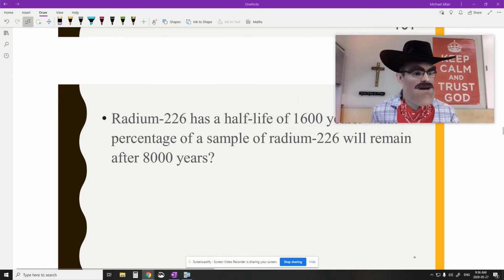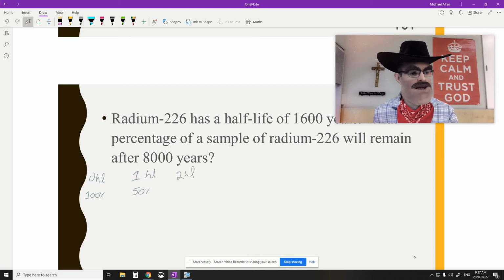Okay, so 1 half-life. Let's call it HL for now. Whereas 0 half-lives, I've started off with 100%. 1 half-life later, I'm at 50%. 2 half-lives later, I am at 25%. 3 half-lives later, I am at 12.5%.